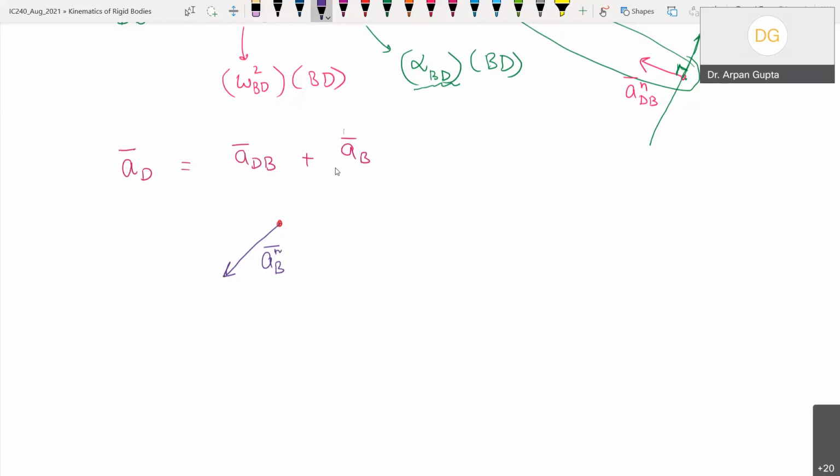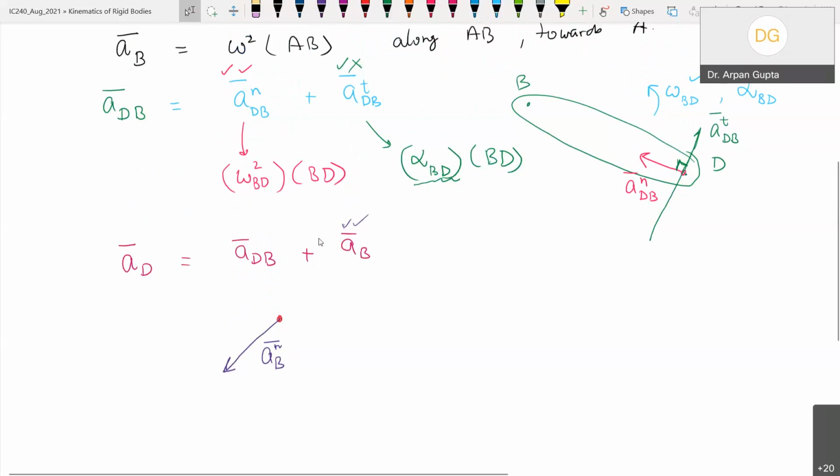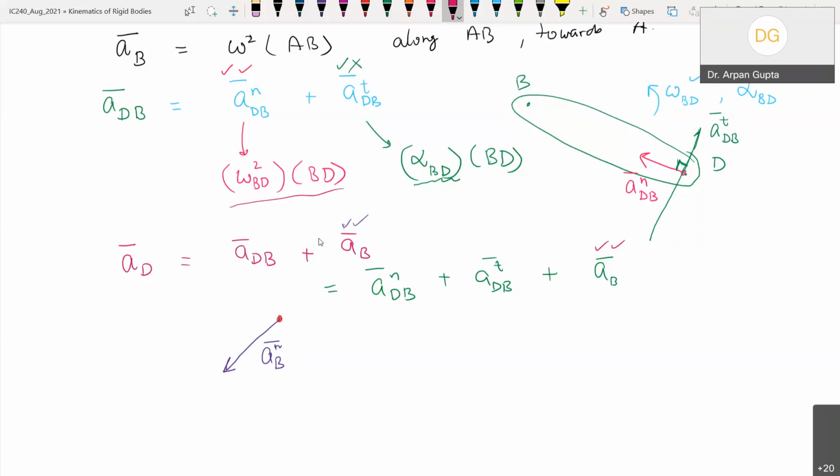So this is what we have drawn here. We know the direction and the magnitude. Now next is acceleration of D with respect to B, the normal component. I'll rewrite this equation: ADB normal plus ADB tangential plus AB. We have drawn AB. Next is ADB normal, which is omega BD square times BD. If omega BD is known, you can calculate this number.